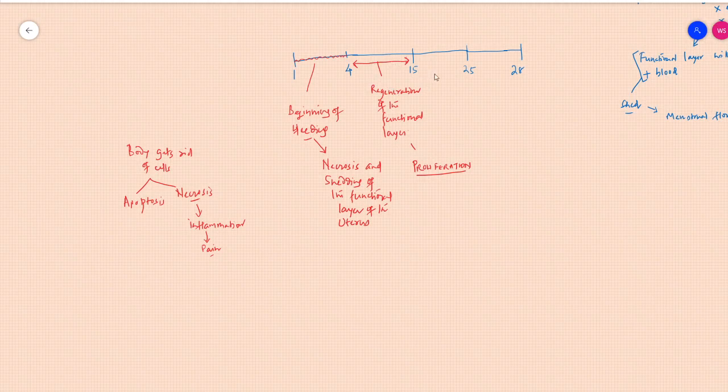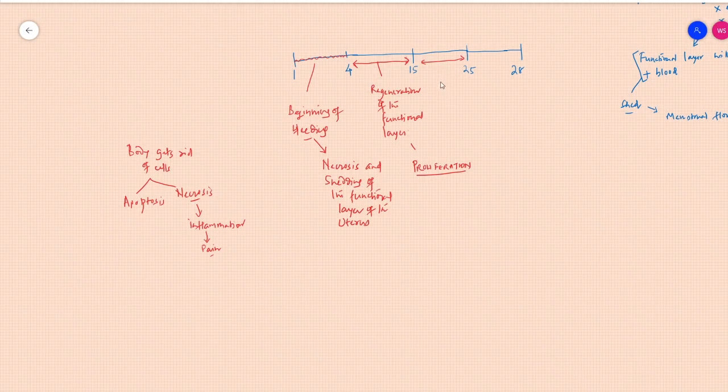So from the 15th to the 25th day, the functional layer is fully developed. The uterus attains its final thickness, and the glands in the uterus begin to secrete.